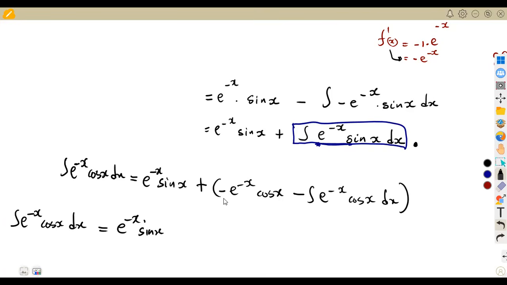Here a plus and a minus, that's a minus. So it will be minus e to the exponent of minus x, the cosine of x, plus again, and a minus, it will be a minus. So that will be minus the integral of e to the exponent of minus x, cosine of x with respect to x. And this part, like I said, and this part are the same.